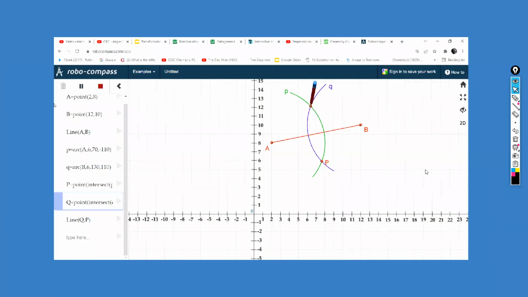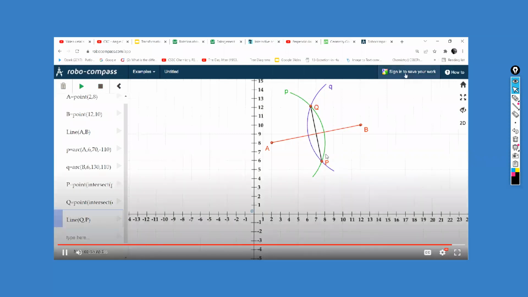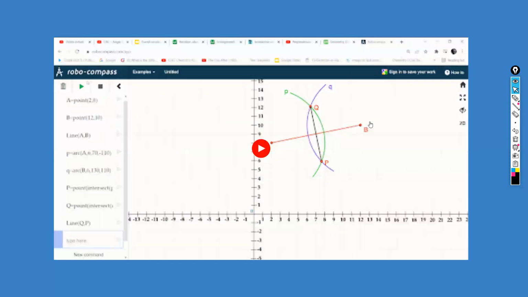That's where the two arcs meet. Right? And you see this black line, it will cut the red line in exactly two exact pieces.